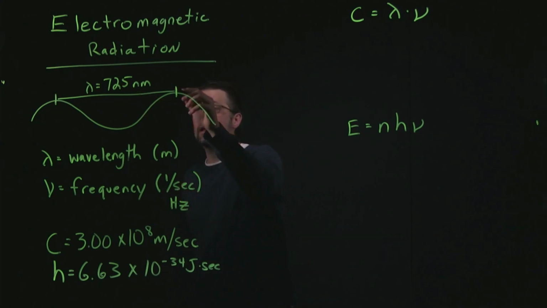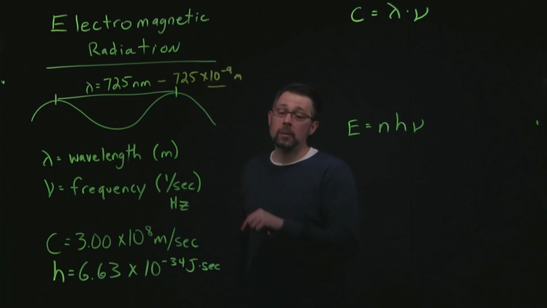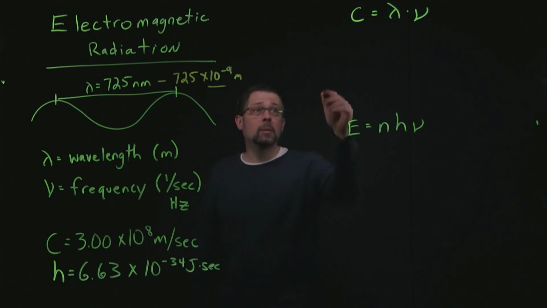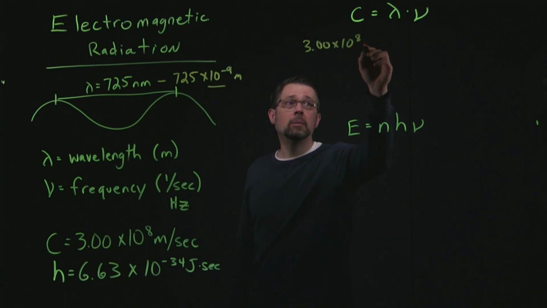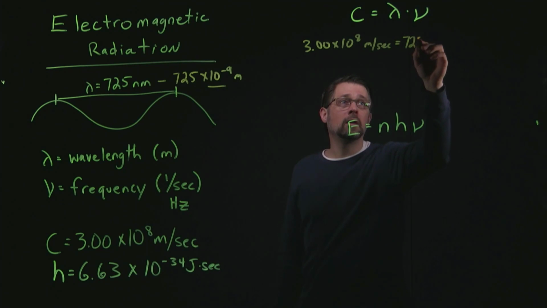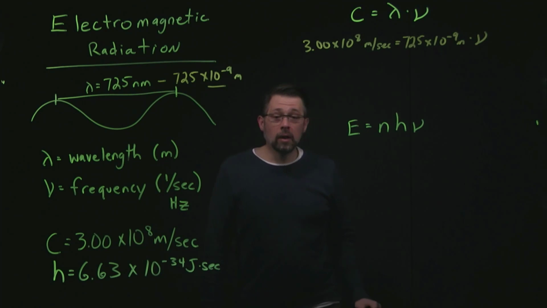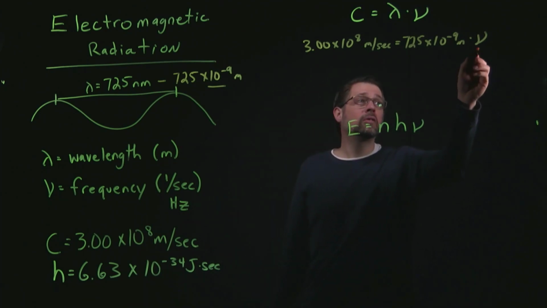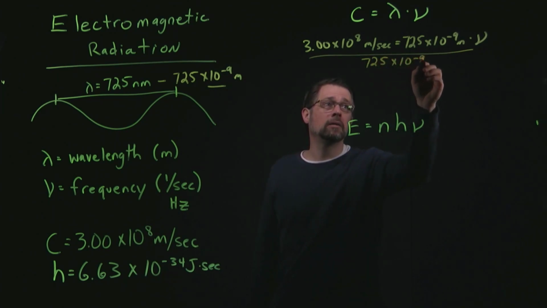So I'm going to just replace this. I'm going to say this is 725 times 10 to the negative 9th meters, because I can replace that nano with times 10 to the negative 9th. That's going to come over here, and when I plug in the speed of light, and I'm going to keep my units, and my wavelength, 725 times 10 to the negative 9th meters, really all I have to do now is divide both sides by this 725 times 10 to the negative 9th meters.